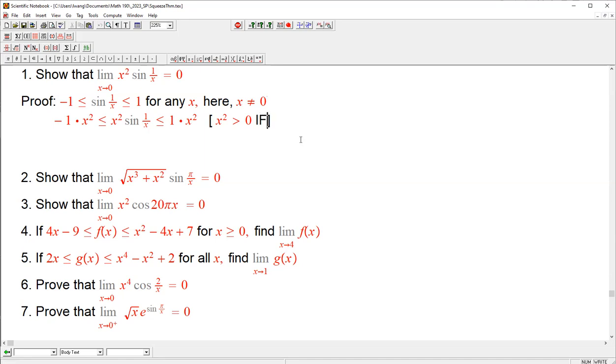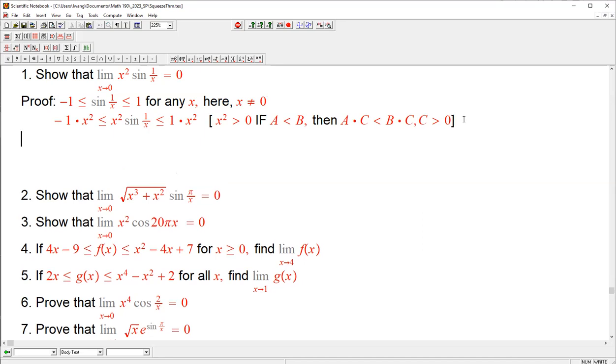If a is less than b, then a times c is less than b times c, provided that c has to be positive. If c were negative, we have to switch direction. I trust you guys know that. But if you have a question, please ask me about that.